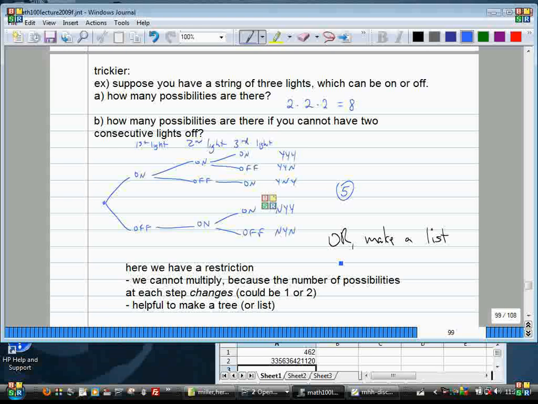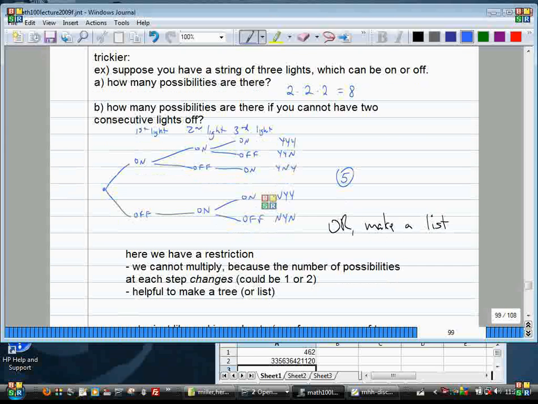So in general, how many possibilities are there for a light bulb? 2. But will it always be 2? No. It depends. So that's what makes this a tricky problem, and that means you have to get your hands dirty and do a tree. So this is a rather, again, tricky sort of problem. I'd like to see if you can handle it. I think you can.